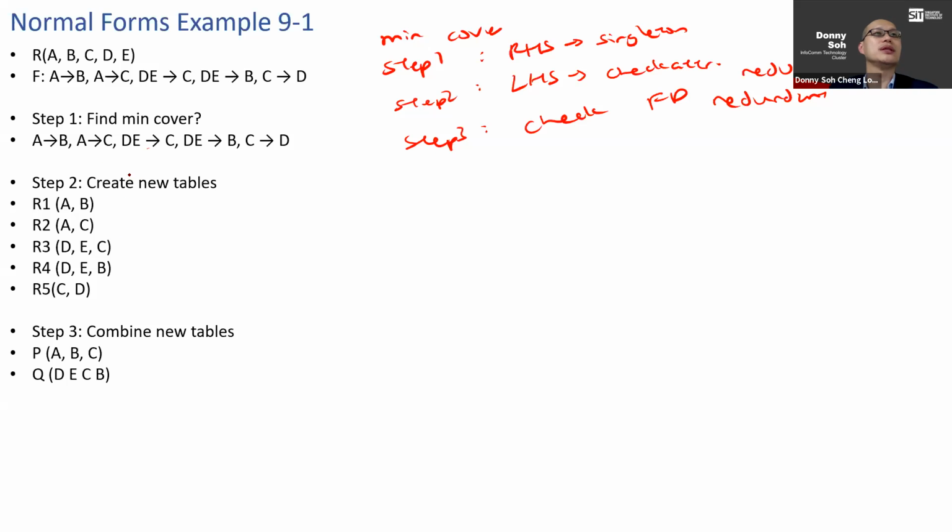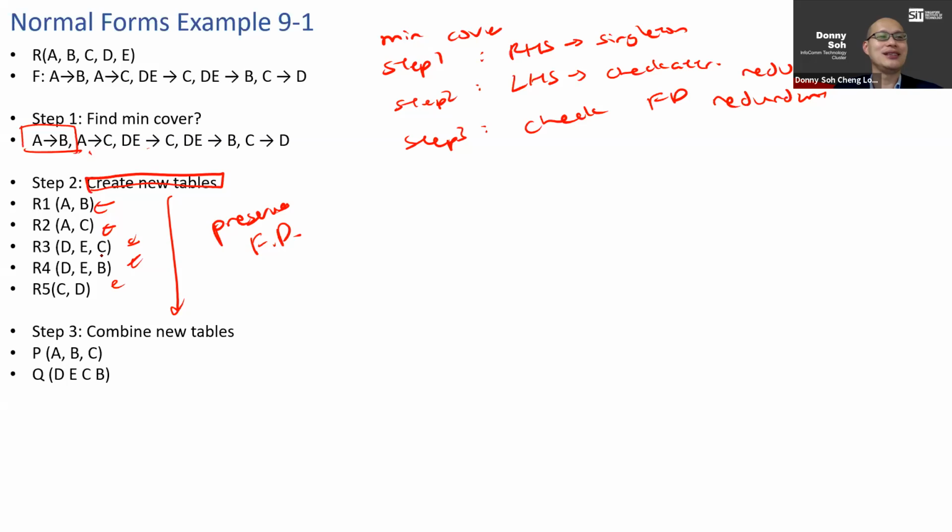The next thing we want to do is we create the new tables. So from the minimal cover, we create AB, we create AC, DEC, DEB, and CD. Because of this, we are sure that this preserves all my functional dependencies, because the functional dependency is inside my table.